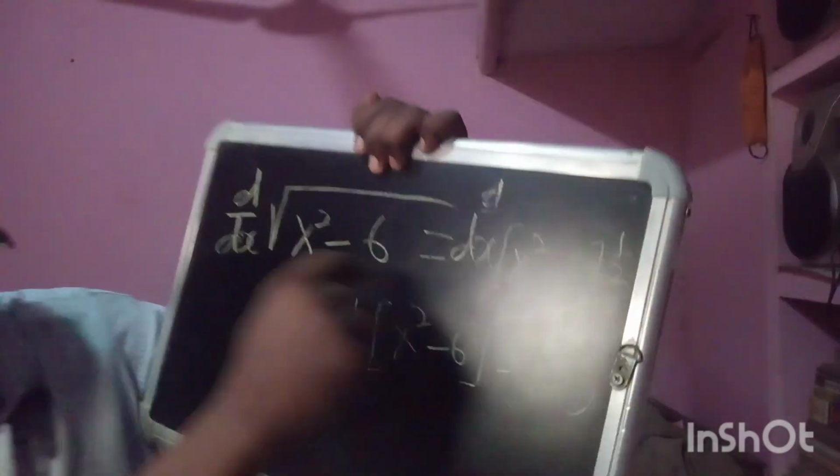After that, we have to multiply 2x times half, so it will be 2x, and because we have a minus, the 2 will remain in the bottom, and then we'll have x squared minus 6.